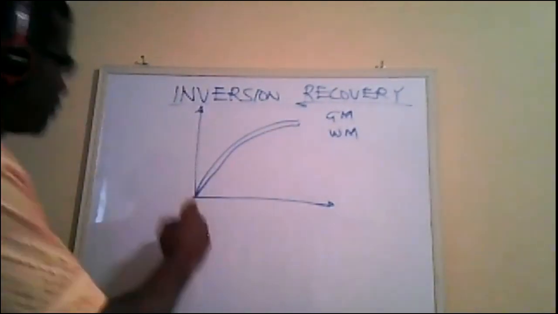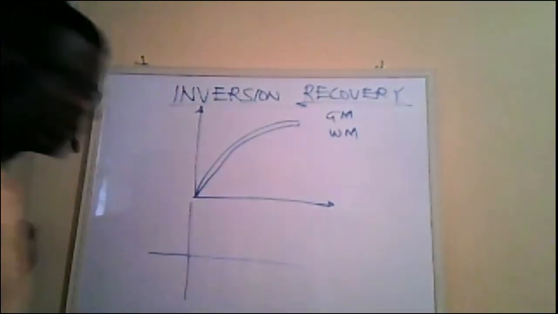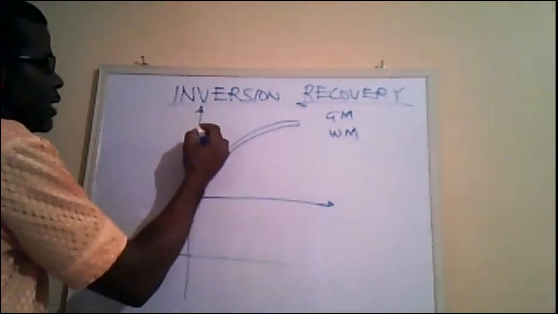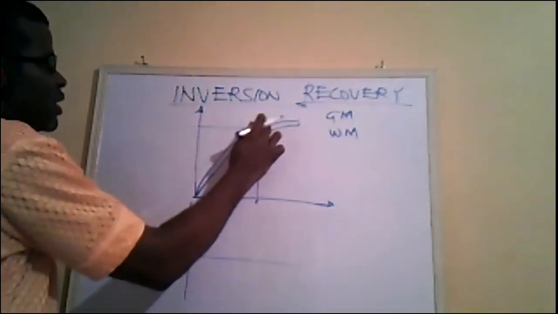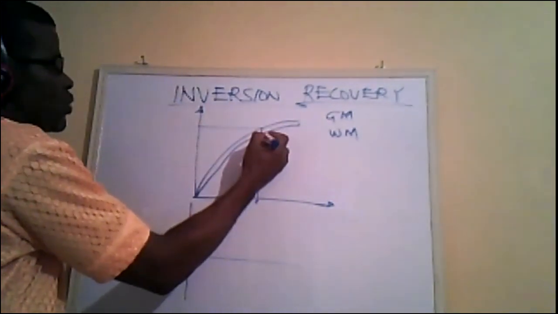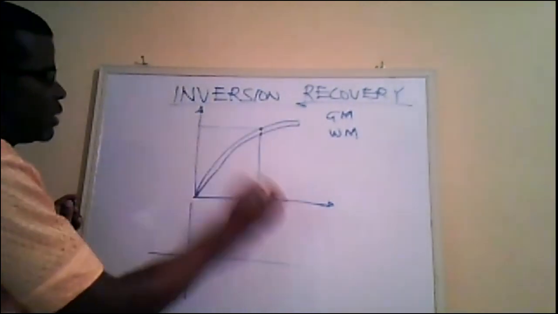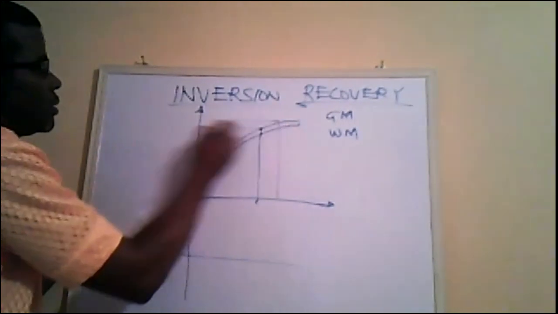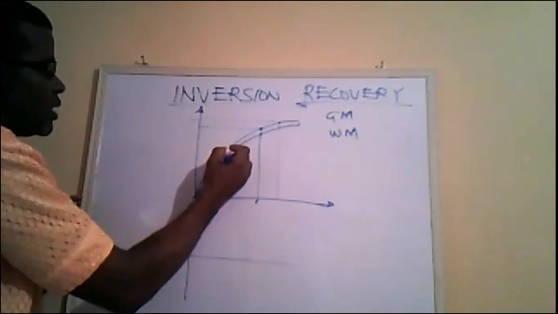If we apply inversion recovery to that, at any point in time, we are going to have a greater contrast. Look at this. Maybe at this point in time, this is the contrast we are going to get between these two. Let's say we apply 90 degrees here, we are going to get this amount of contrast, and so on.